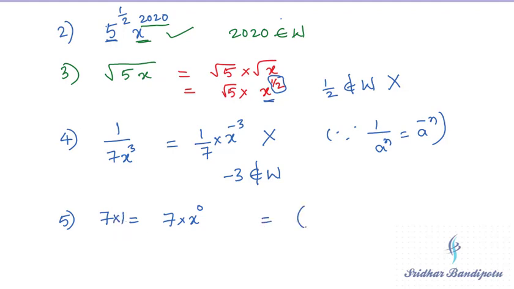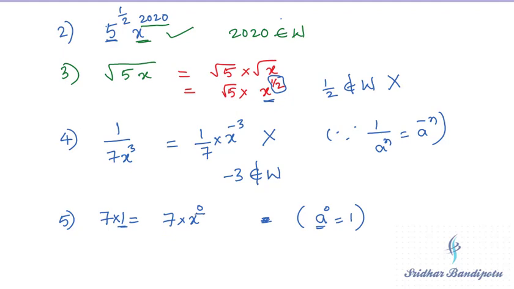This 1 we can write as a to the power of 0, right? From laws of exponents, a to the power of 0 value is 1, where a is a non-zero real number. So 1 I am writing as x to the power of 0. It doesn't make any difference here. 7 into 1 I am writing as 7 into x to the power of 0.